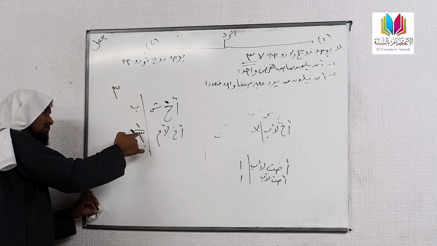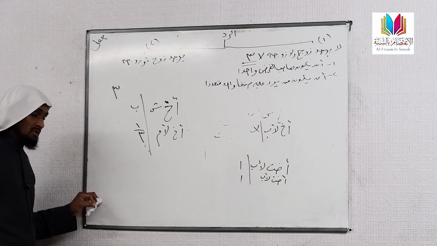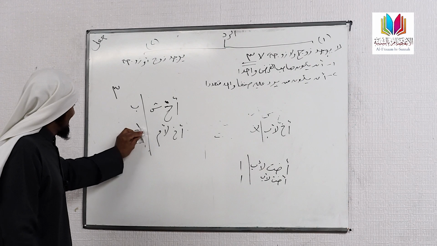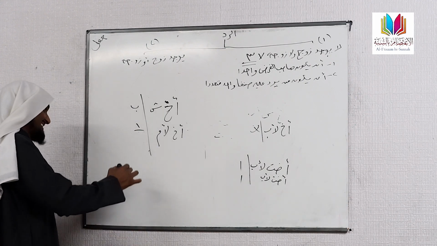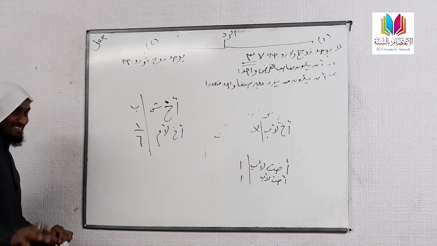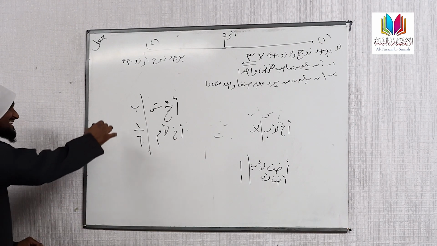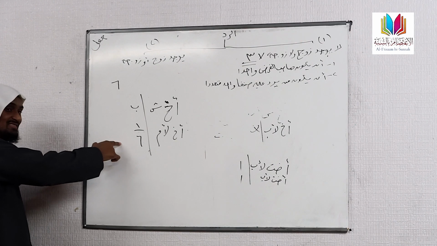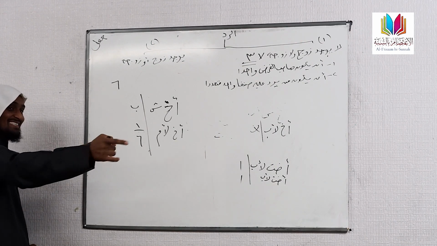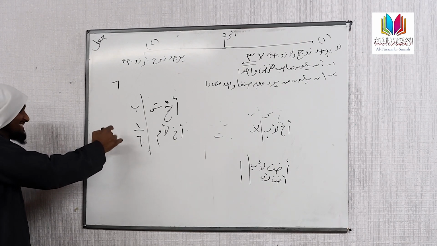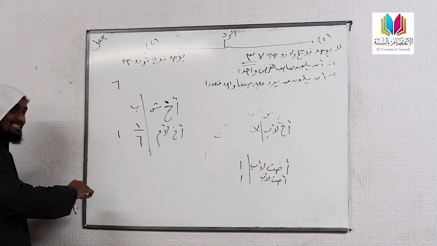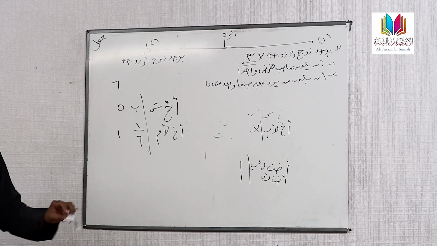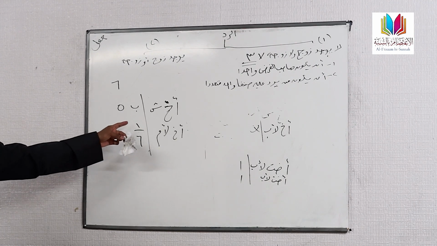What is 1/3? Sorry, you're right. Asl masala is what? 6. 1/6 of what? 1, excellent. What is left? 5. So this is not the masala that we're studying here. We've already studied this. He's an asaba here.